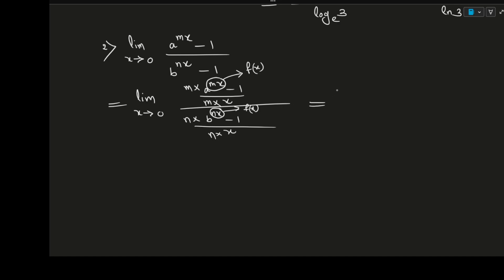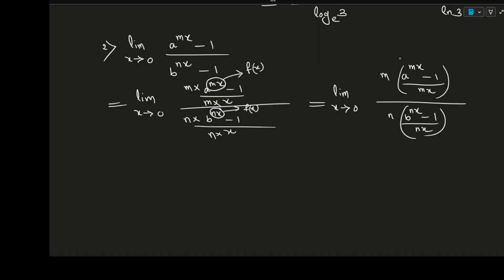So it will convert to limit x tends to 0, m times e to the power mx minus 1 by mx, divided by n times b to the power nx minus 1 by nx.